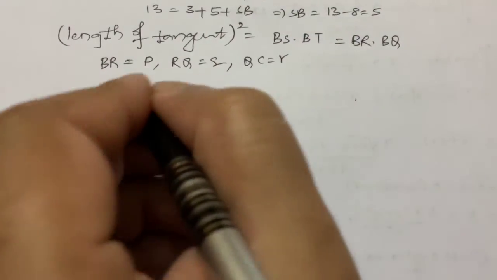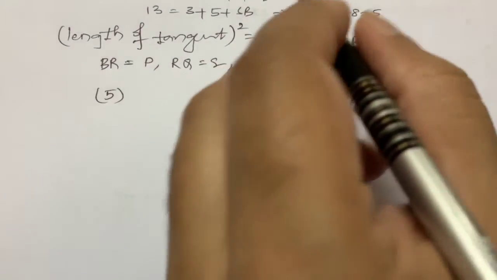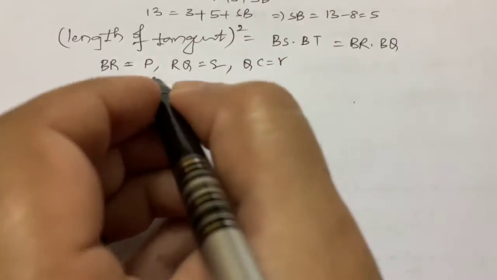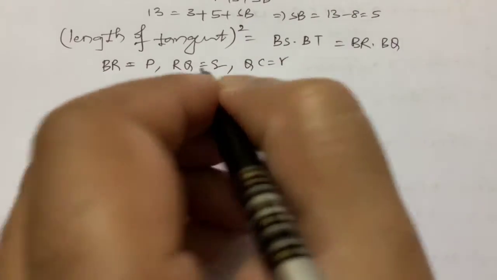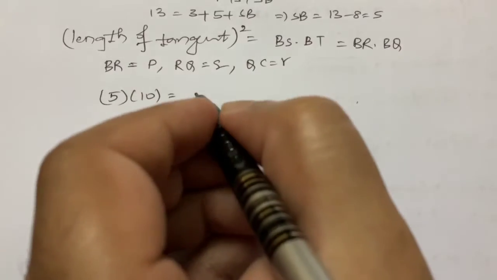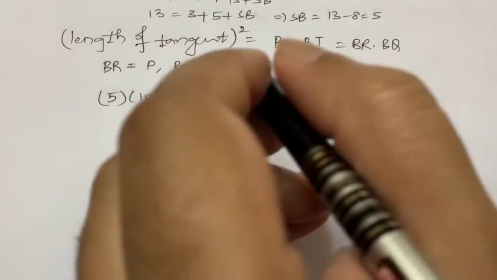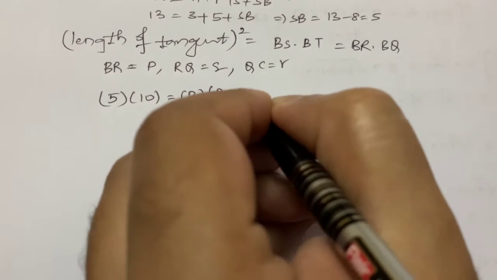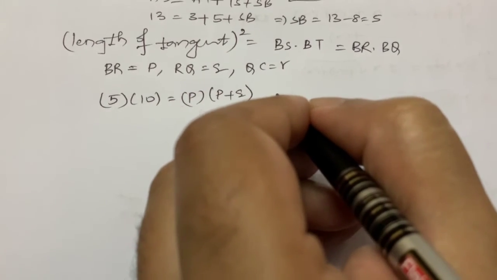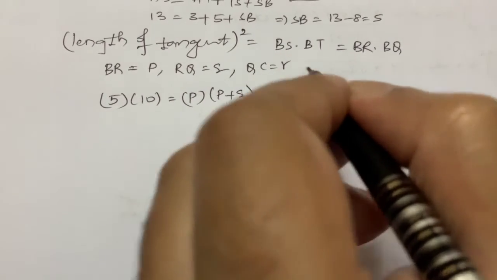BT is BS plus ST. BS is 5, ST is also 5. So 10 is equal to BR, which is P, times BQ, which is BR plus RQ, so P plus Q. Let's say this is equation 2.